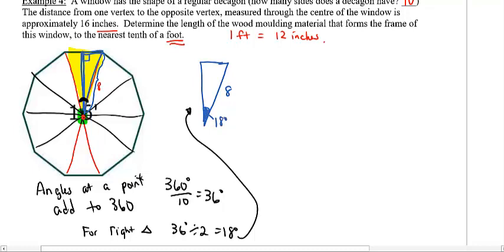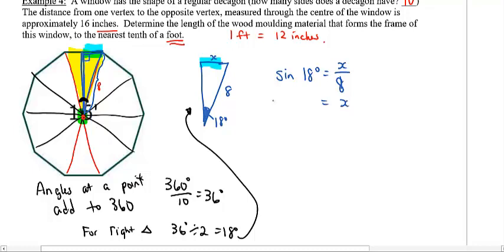And this is helpful because now I think I can find out this length, x, which is equivalent to half of the molding of one side. So how do we figure out x? Here's 18, that seems to be the opposite side, and 8 represents the hypotenuse. Opposite over hypotenuse, that's sine.